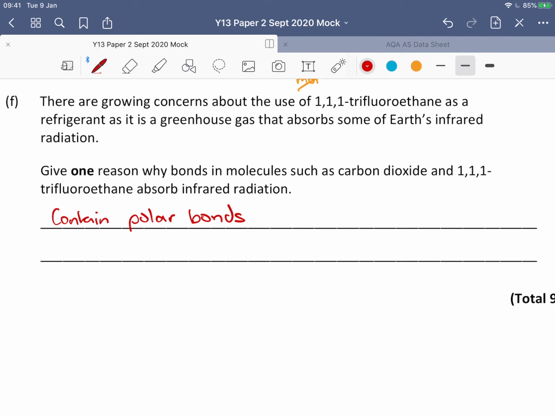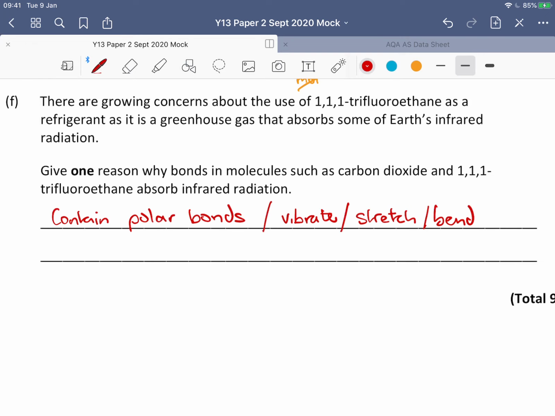The reason that makes a difference is that the consequence of that is that they vibrate. They're absorbing the energy, or they stretch, or they bend. So if you said bonds vibrate, or bonds stretch, or bonds bend, or contain polar bonds, any of those 4 statements, then you would get the mark.